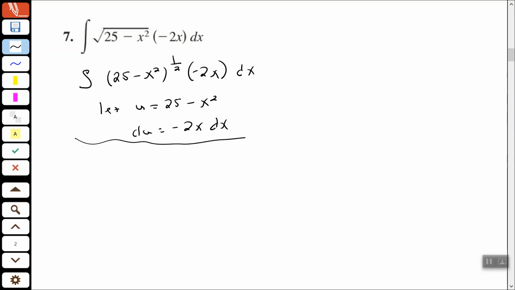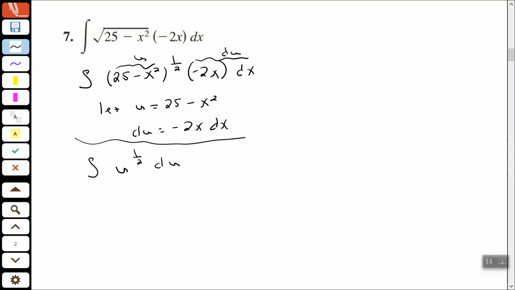All right. So now we can use u du substitution. Replace 25 minus x squared with u. Replace negative 2x dx with du. So we want to integrate u to the 1/2 power du.